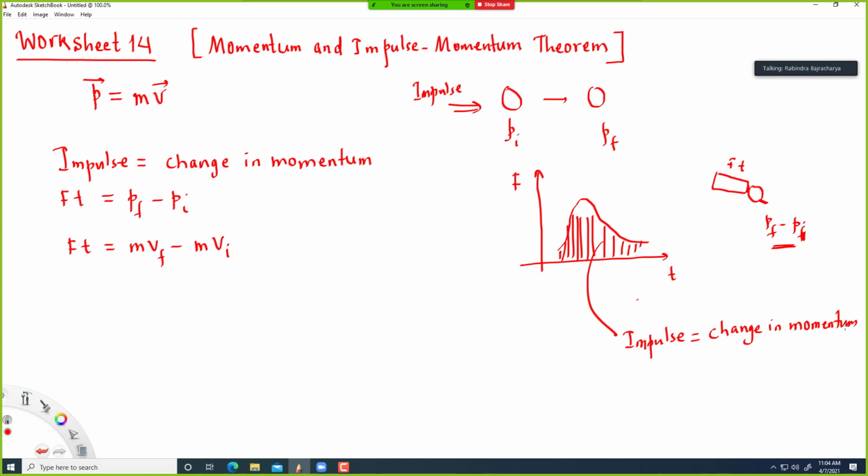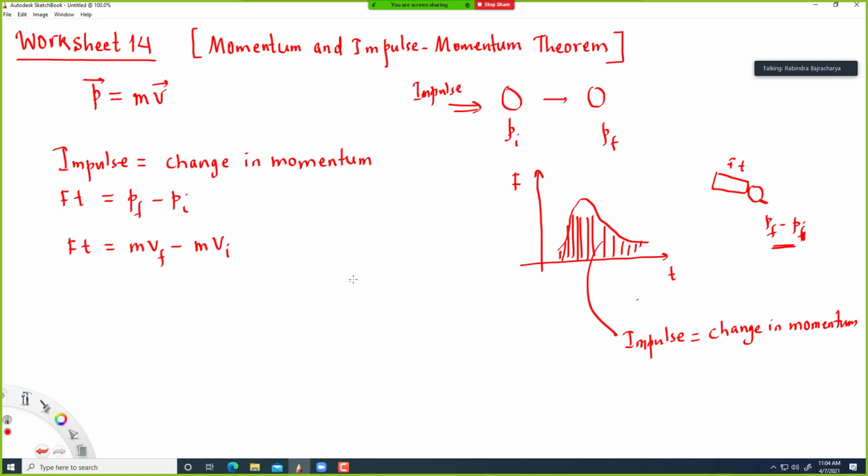So let's look at number 3 on worksheet 14. How much impulse is needed to catch a football that is traveling at 27 meters per second?